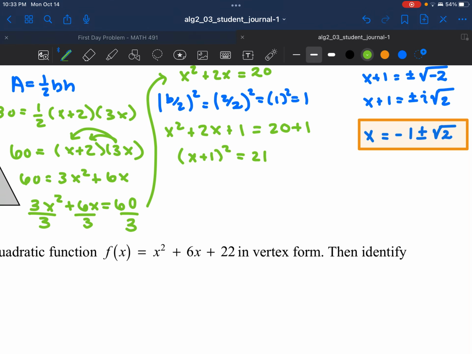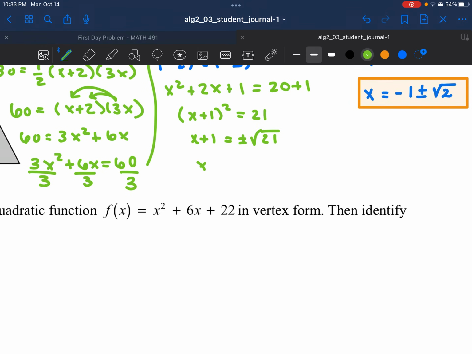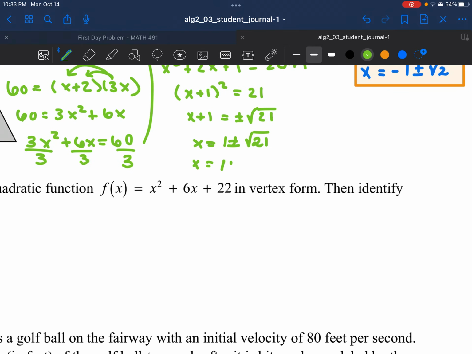Okay, so this will be x plus 1 squared equals 21. x plus 1 equals plus or minus the square root of 21. x equals 1 plus or minus the square root of 21. And we only want the positive version because this is a real world scenario.